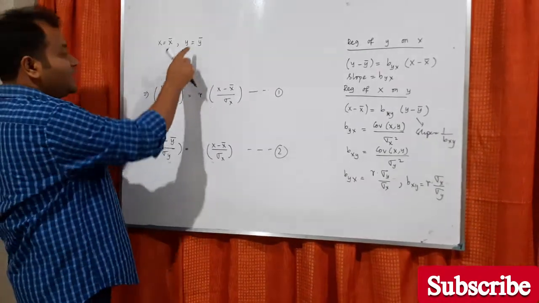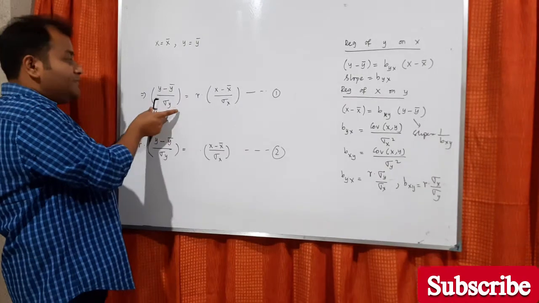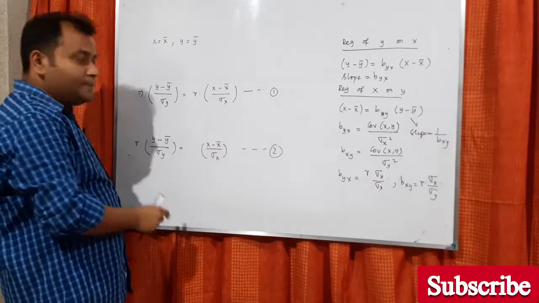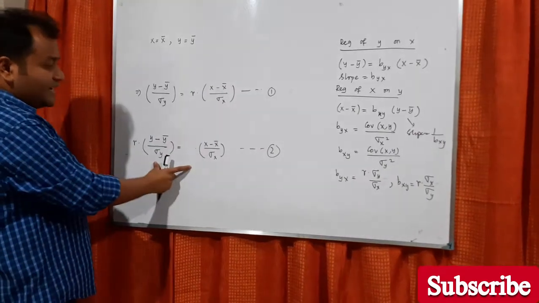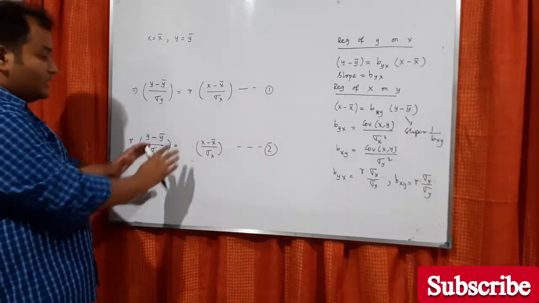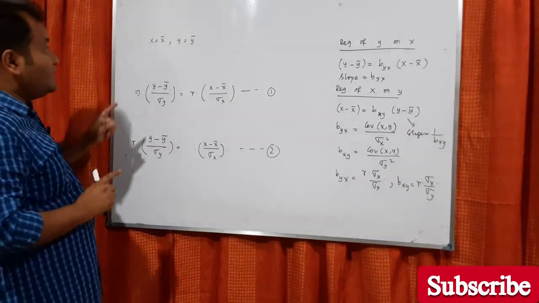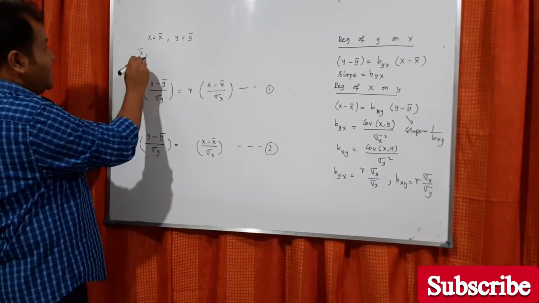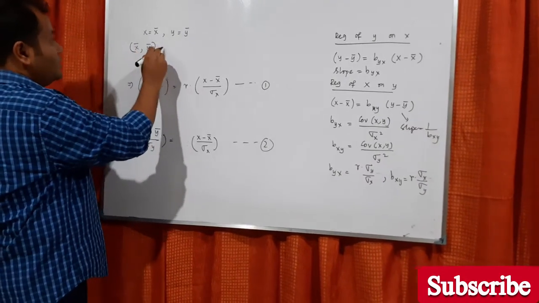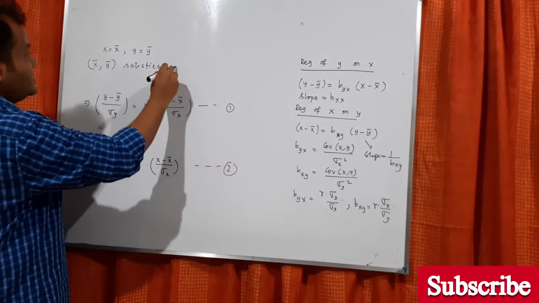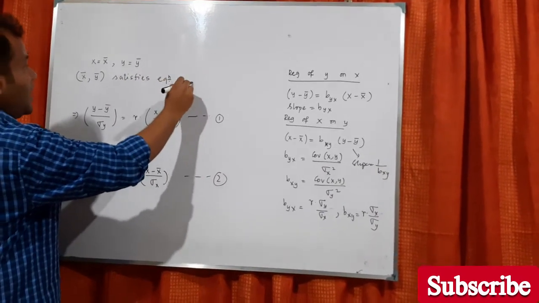If you put x bar and y bar in the first equation, the left hand side will be 0 and the right hand side will be 0, so it must satisfy. If you put x bar y bar in the second equation, the left hand side will be 0, right hand side will be 0. So x bar y bar satisfies equations 1 and 2.